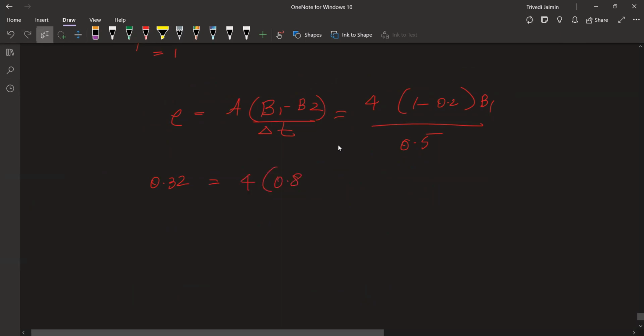For 0.8 B1 by 5. 5 80, 80, 16. What will it be?